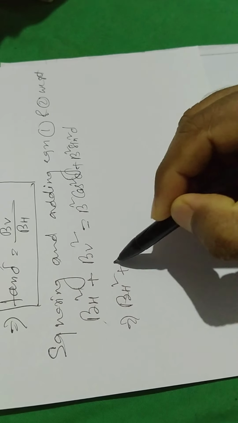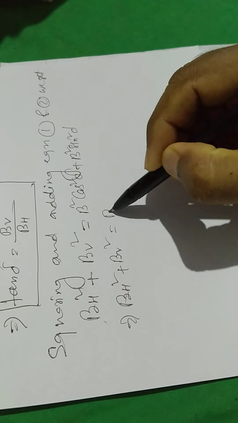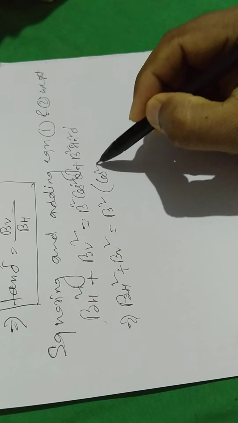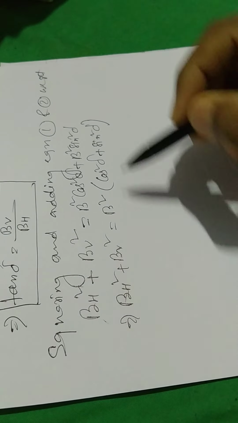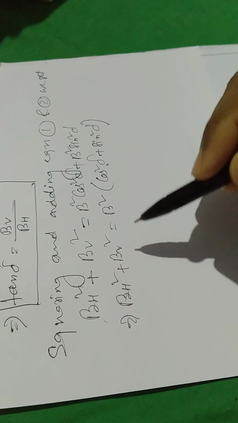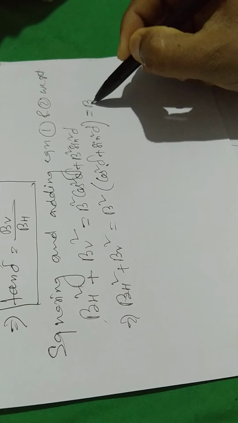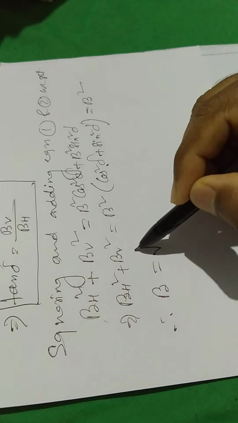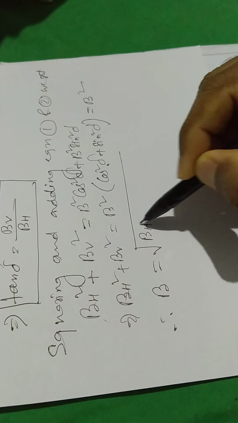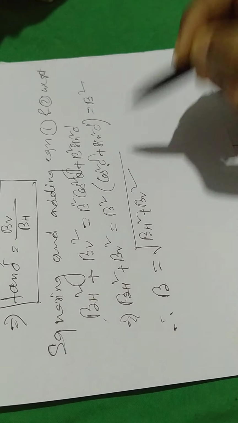BH square plus BV square, B square common, cos square delta plus sin square delta. Cos square delta plus sin square delta equals 1, so you can write B square. Therefore, B equals root over BH square plus BV square.